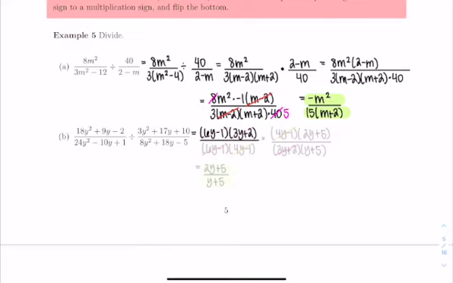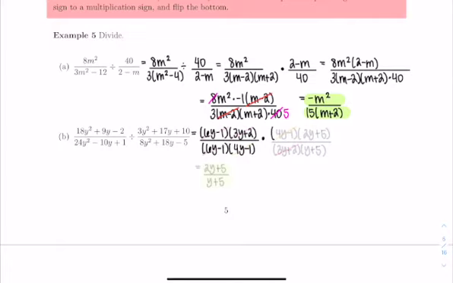The denominator 24y squared minus 10y plus 1 can be factored as 6y minus 1 times 4y minus 1. Let's go ahead and do the keep change flip. I'm going to change this to multiplication and then flip the second fraction.